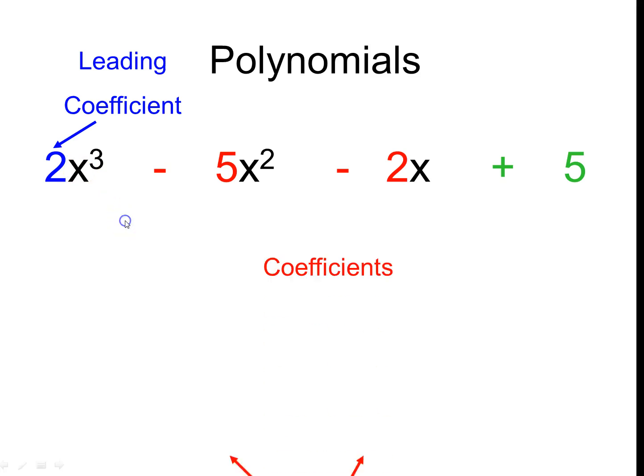Now, -5 and -2 are coefficients. They're sitting in front of a variable, but they're not the leading coefficient. What is 5? Well, it's a constant because it doesn't have a variable. So again, we have all of this vocabulary that we actually have to understand.